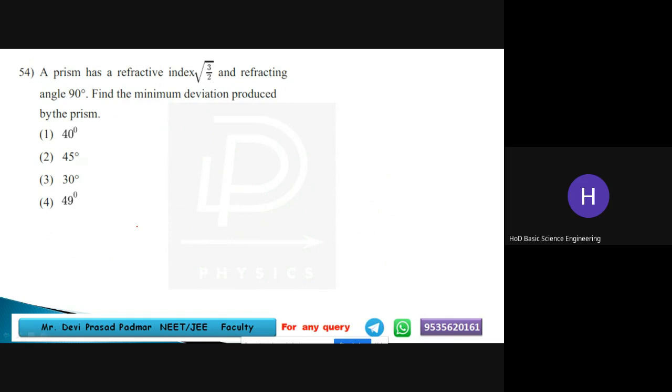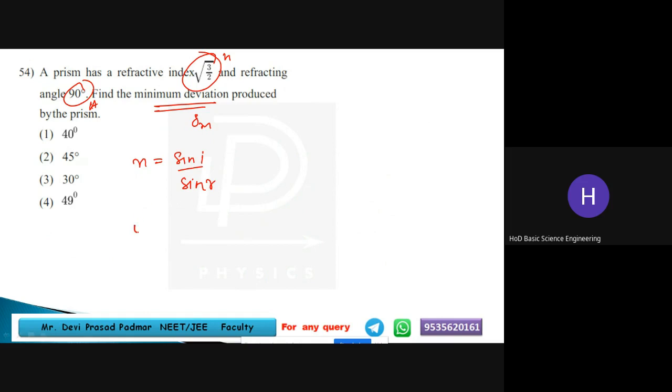A prism has a refractive index of root 3 by 2, that is n. A refracting angle, that is angle of prism, A equal to 90 degree, is given. So minimum deviation, delta, you have to calculate. n equal to sine i by sine r you can write, right?